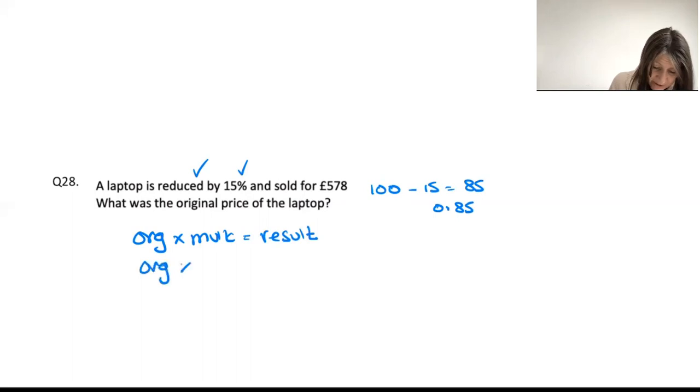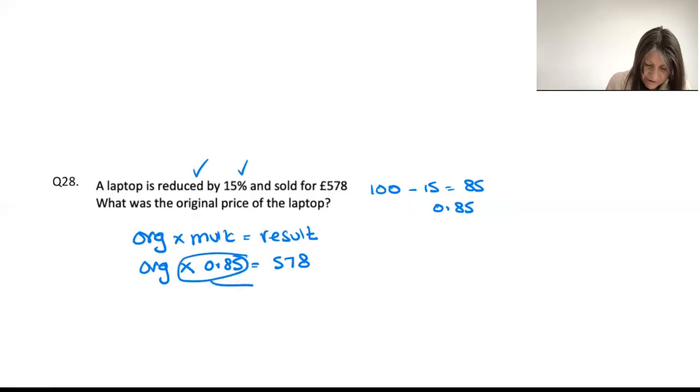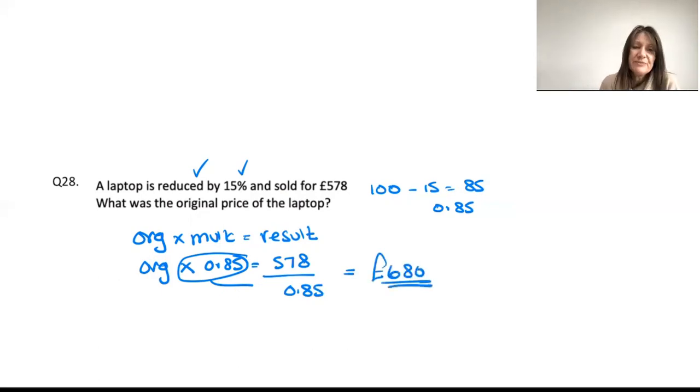I just know that when it got multiplied by 0.85, it got reduced to 578. If I want to know what the original is, I need to get it on its own. So we're going to bring that times. It'll land as a divide. And then I get the answer of 680 coming out. So the original was 680.